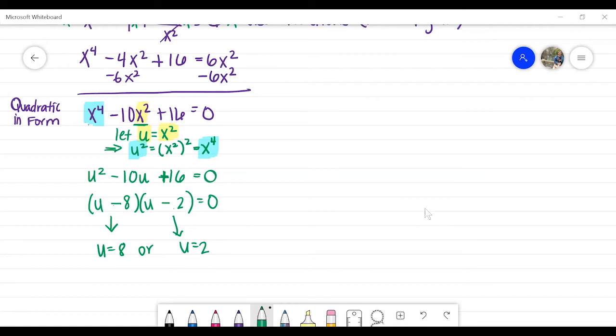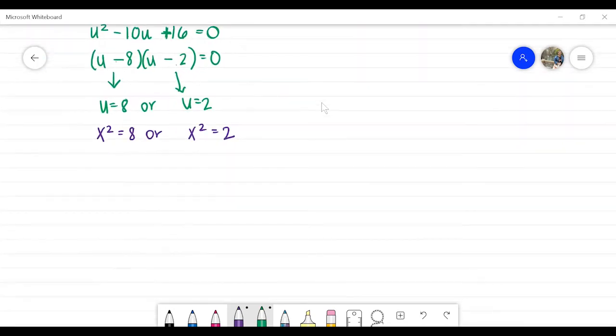And I have to remember this substitution that we did. So I plug back in, x squared is equal to 8, or x squared is equal to 2. Now I want to solve this for x by taking the square root of both sides. So we'll square root, square root, square root, square root.